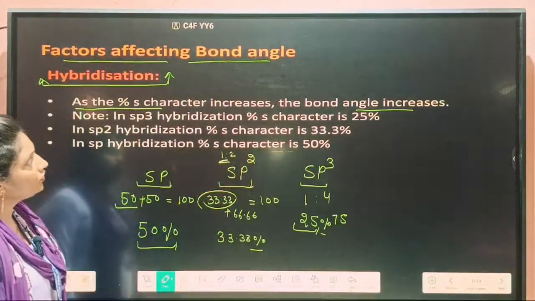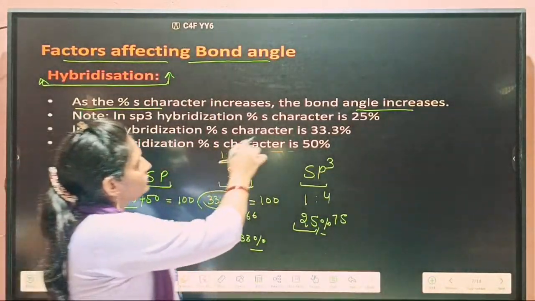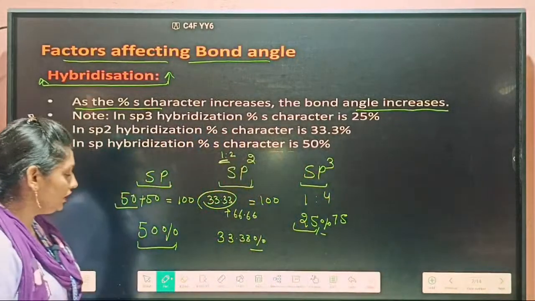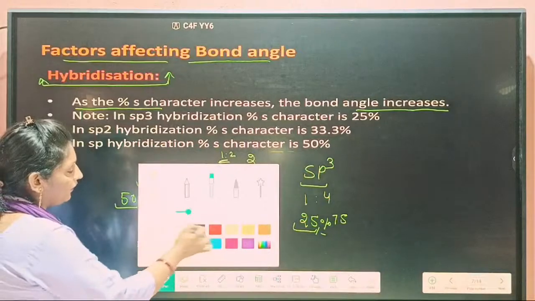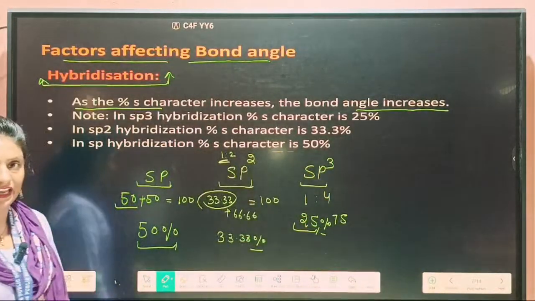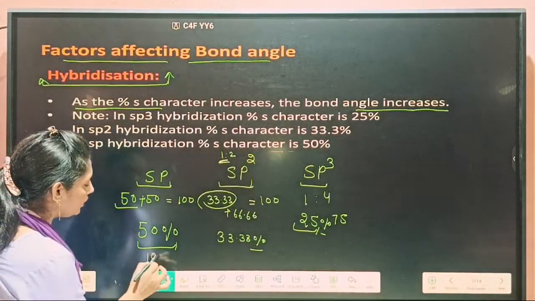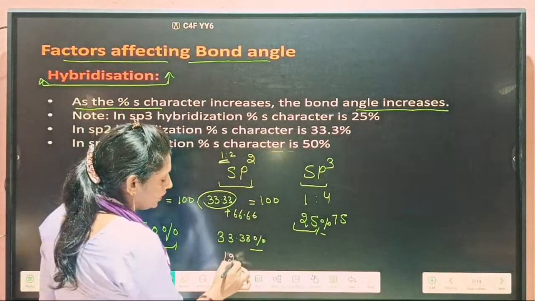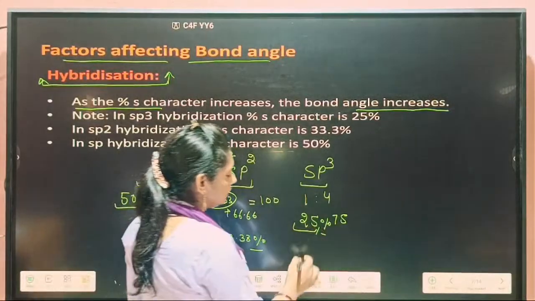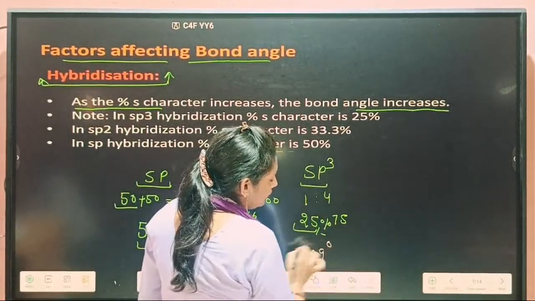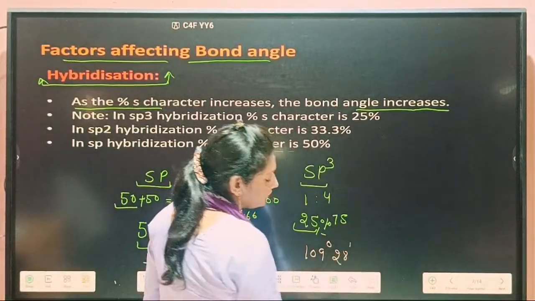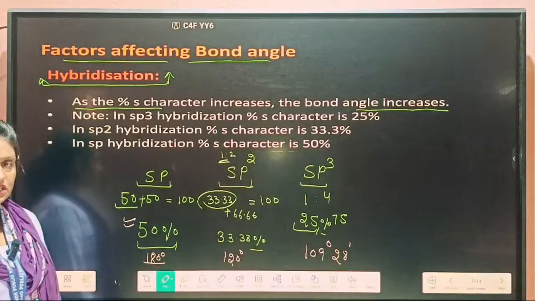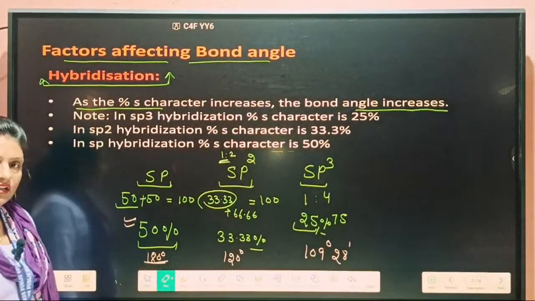Okay, students. So here you can see, if s character increases, then bond angle also increases. For sp hybridization, the angle will be 180 degrees, in sp2 this angle is 120, and in sp3 this angle is 109 degrees 28 minutes. In sp, s character is maximum, 50%, so its angle is also greatest.